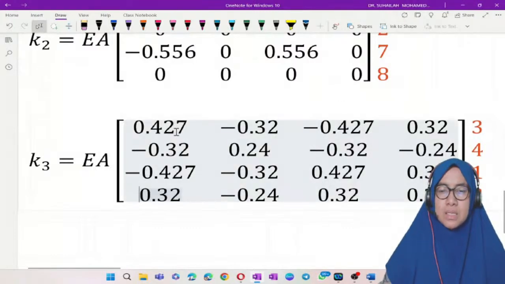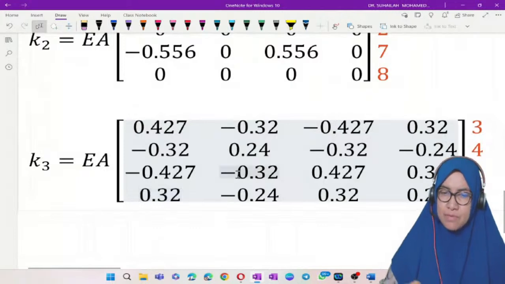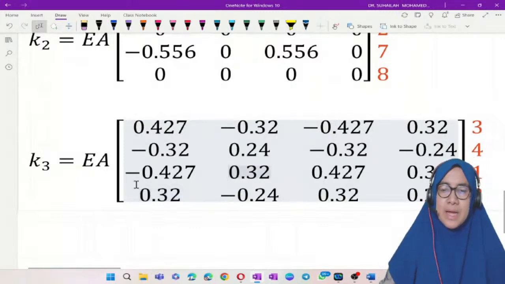Okay, now the signs: negative, positive, negative, negative, positive, positive, negative.